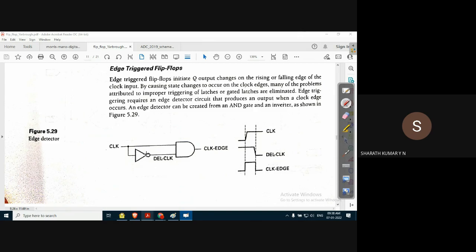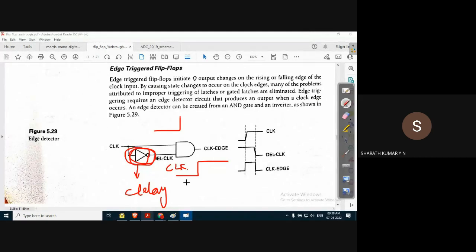Let us say we can modify the delay of this inverter, let us say we increase the delay. Let me write here. Let us say this is the basic clock pulse. We are increasing the delay of this inverter, for example.